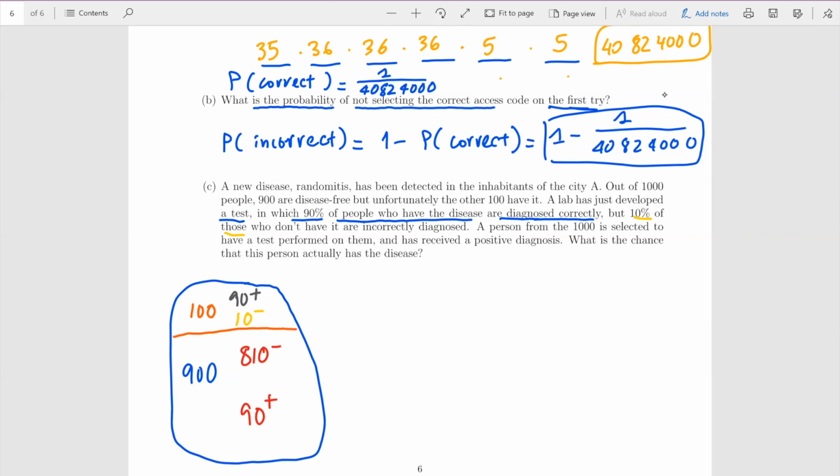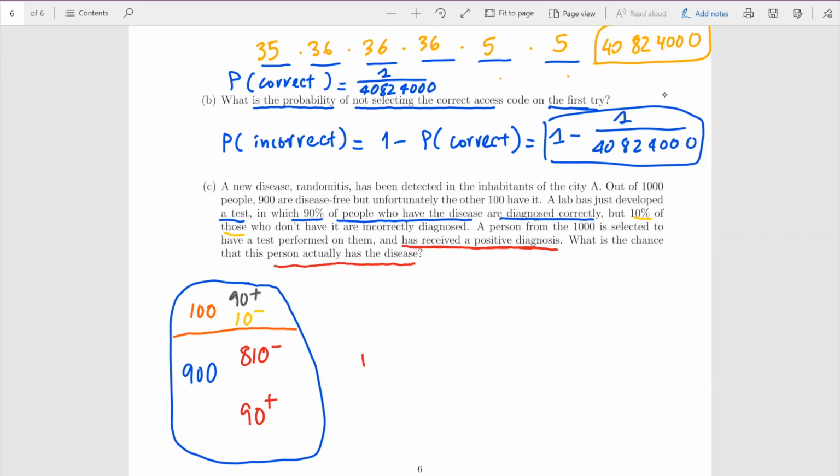So if a person from this whole city, from the 1,000 people, is selected to have a test performed on them and receives a positive diagnosis, so this is the condition, what is the chance that this person actually has the disease?